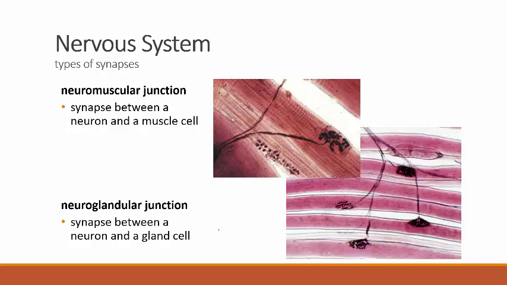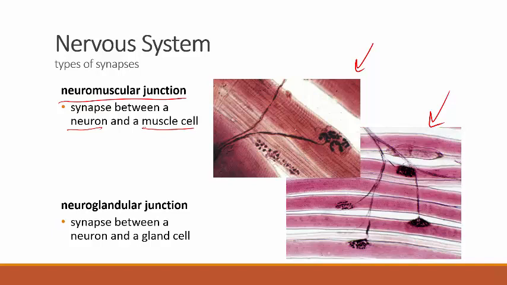So there are multiple kinds of synapses. We've already talked about the neuromuscular junction, which is the synapse between a neuron and a muscle cell. And I've got two images here of neuromuscular junctions. You can see that in both cases we have striated muscle, so it's either cardiac muscle or skeletal muscle.